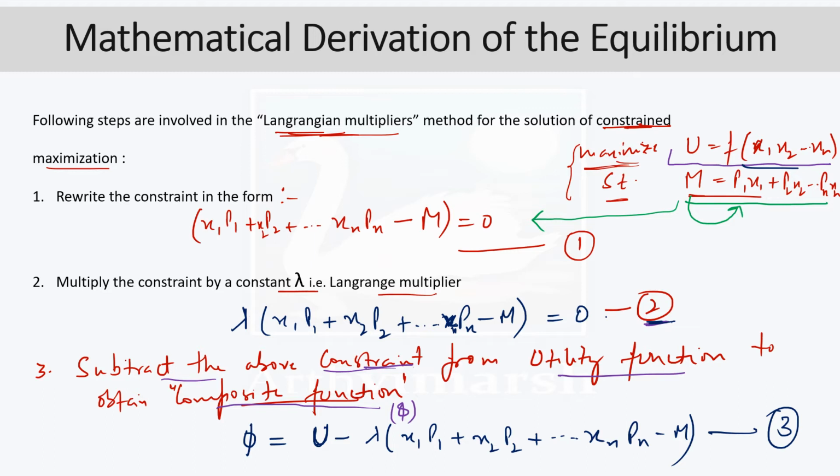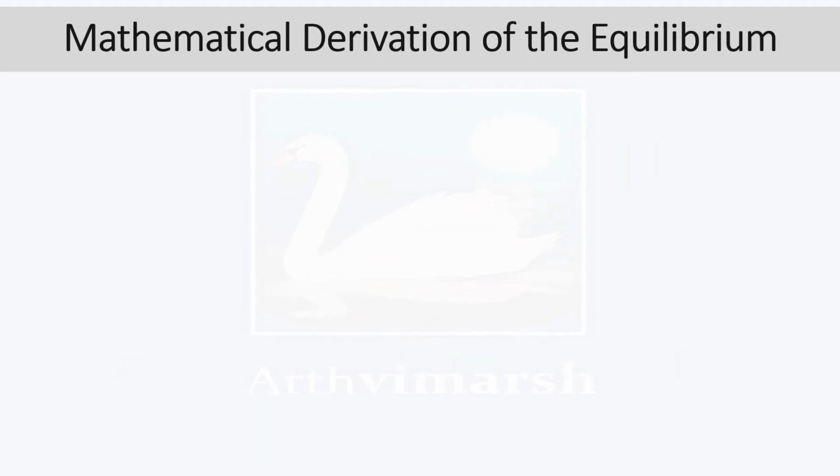Now what we are trying to do here is the maximization of the composite function. Basically it implies the maximization of the utility function. Now how to go about showing this?